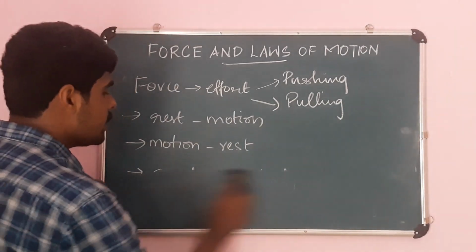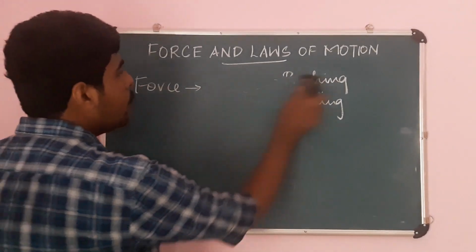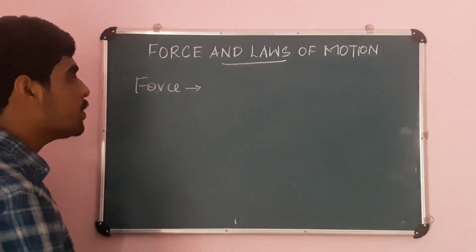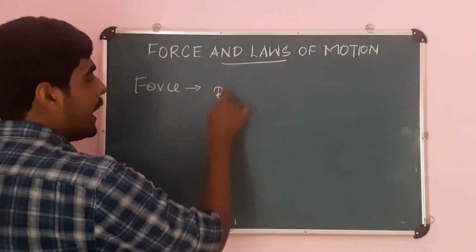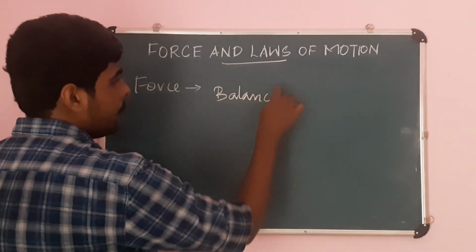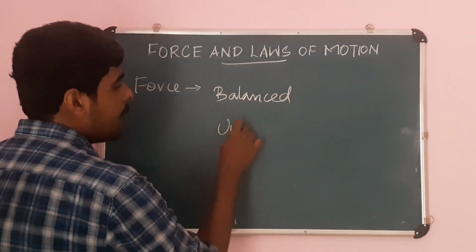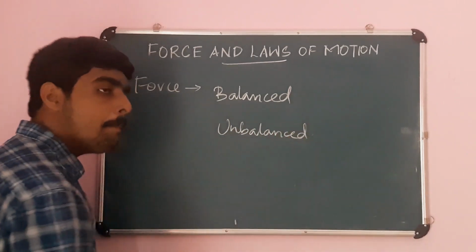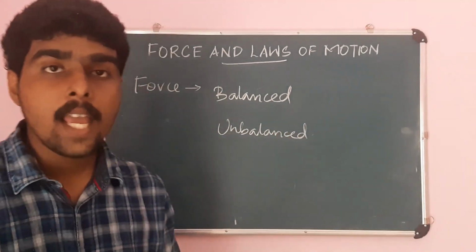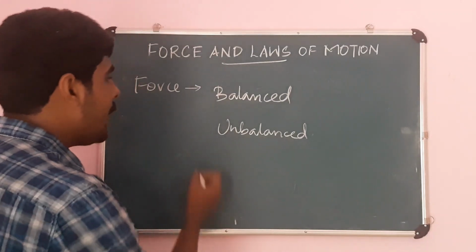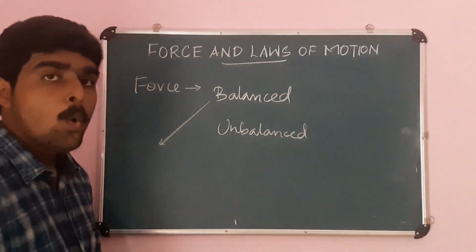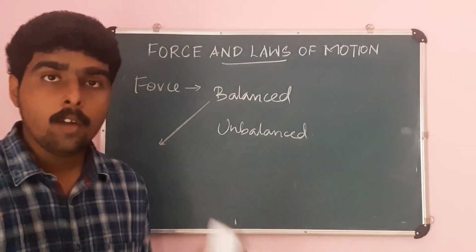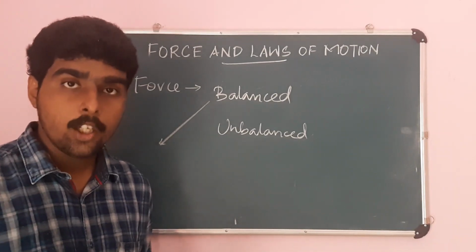Now this force is of two types. There are two types of forces: balanced and unbalanced forces. Now what do you mean by balanced forces and unbalanced forces? Balanced forces are those where the net resultant of all forces acting on the body is zero.